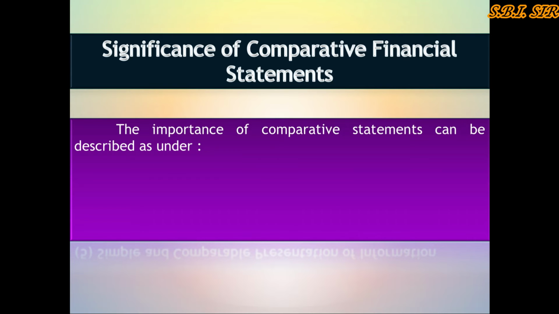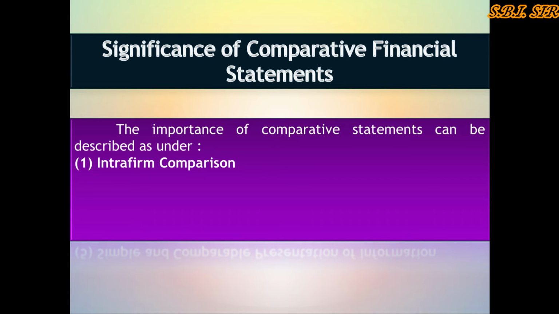The importance of comparative statements can be described as under. First, intra-firm comparison. Every year, financial statements are prepared by business enterprises. When the accounts of a business entity of the current year are compared with the accounts of previous years, it is known as intra-firm comparison.